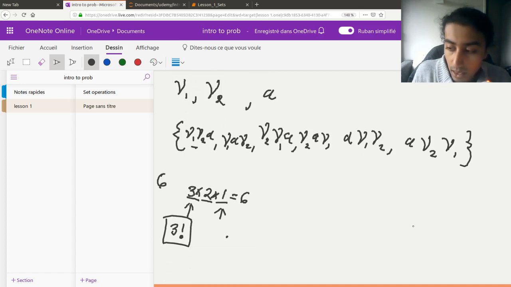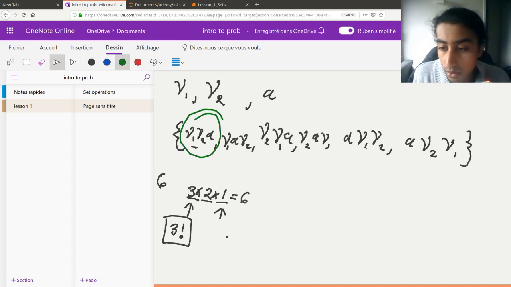And then the second part of the question is to describe the outcomes where these volumes stand in increasing order, i.e., volume 1 precedes volume 2. So it's going to be this outcome, volume 1, then volume 2. Let me look for it.